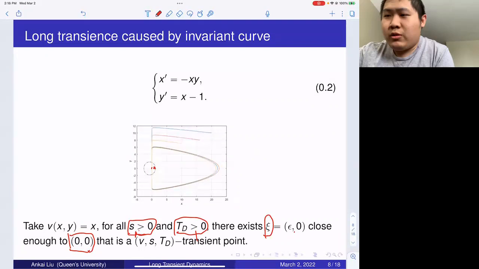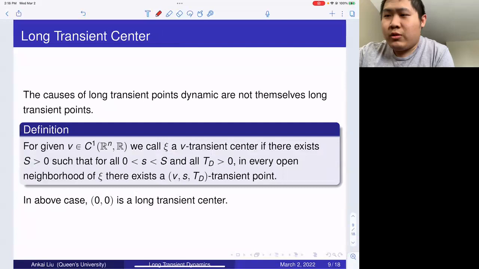So this 0, 0 is the source of transient dynamics, and therefore it is truly the point worth studying. Okay, so let's give this kind of point a definition.